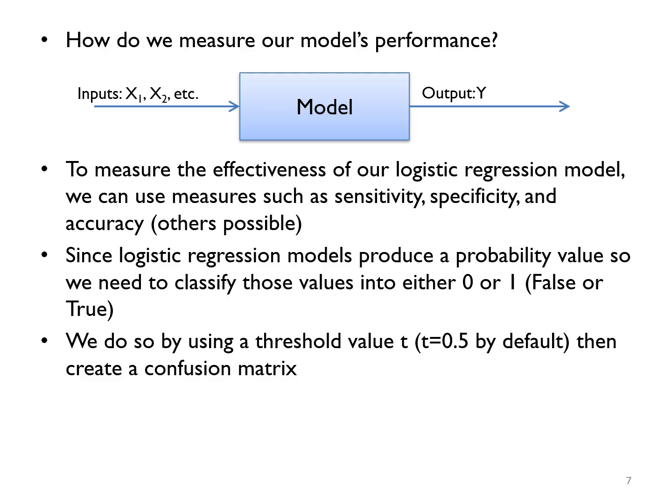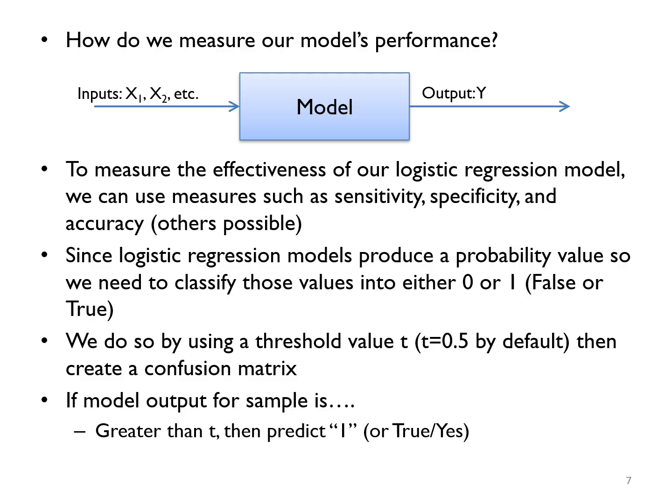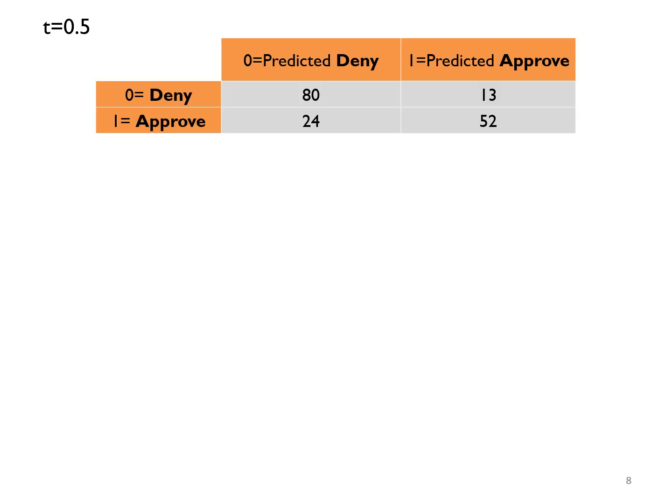So if our model outputs a value for a given sample that is greater than t, assuming our threshold value is t, then my model predicts 1 for that sample, or true or yes. If the value is less than t, then my model predicts 0 or false or no. Taking those results, I can create a confusion matrix. So let's say this is an example with t equals 0.5.